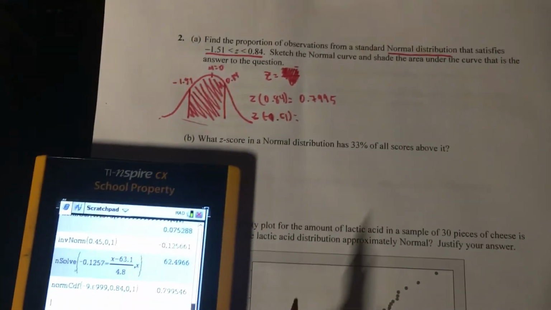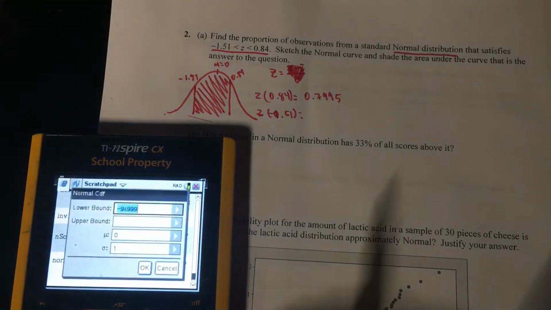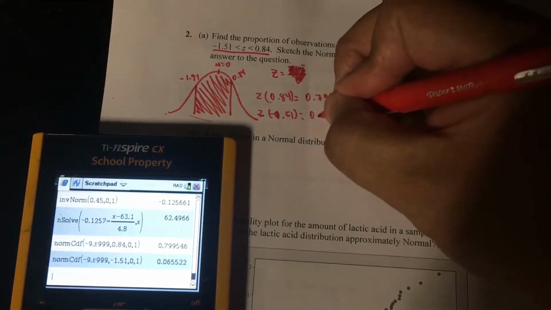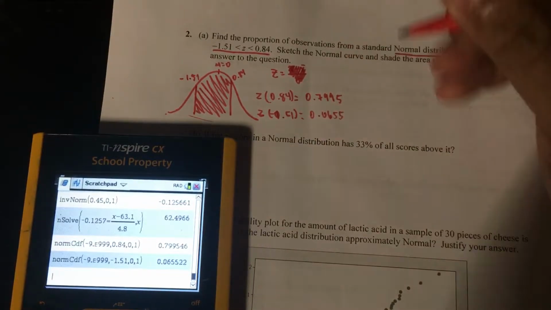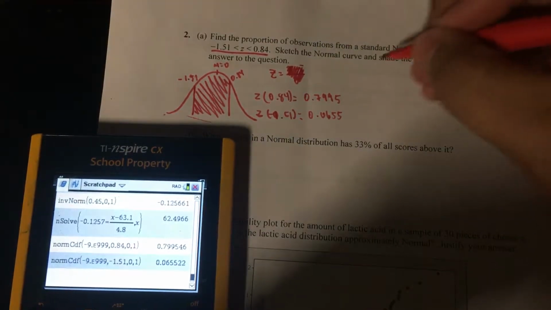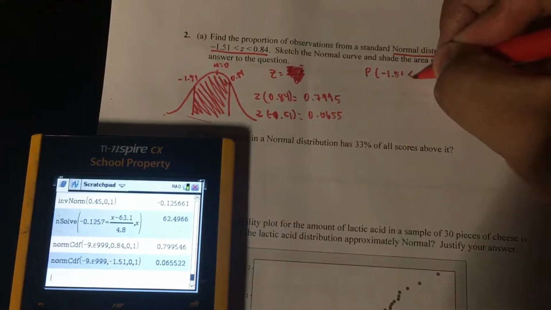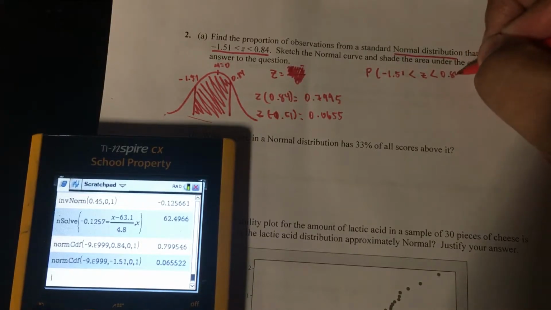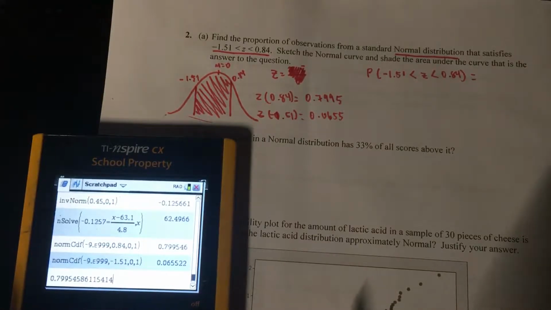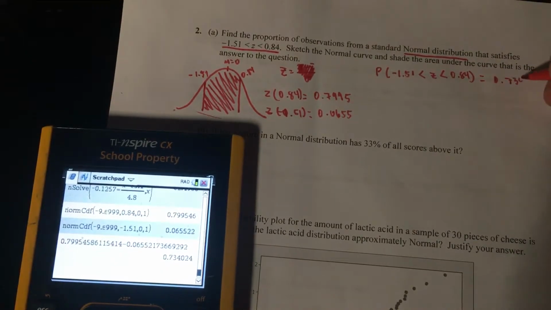I'm going to do the same thing and find the value for the lower z-score. Now all I have to do is subtract the two. The proportion of z-scores between these two numbers is equal to these two minus each other. So let's subtract them: 0.734.